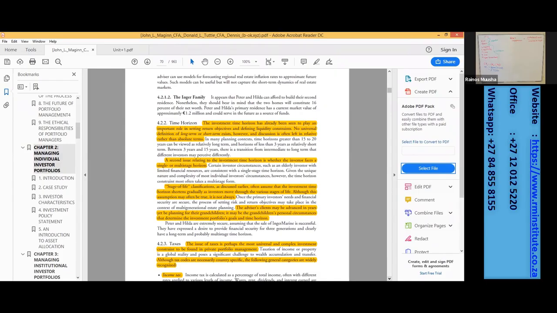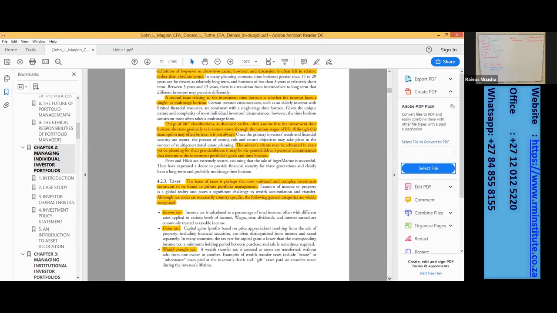For example, if they've already created a trust for their children, the time horizon is not necessarily going to be restricted by the people who created the trust. It's going to depend on the terms and conditions of the trust, which means it's going to depend on the beneficiary's life stage as well.